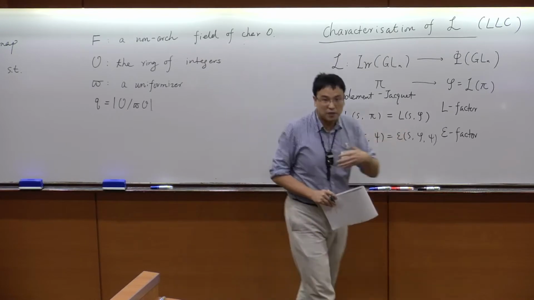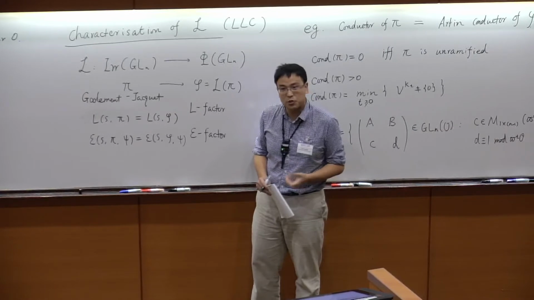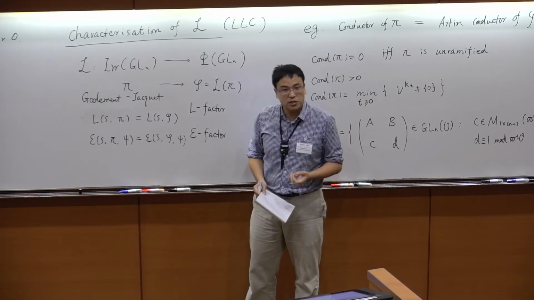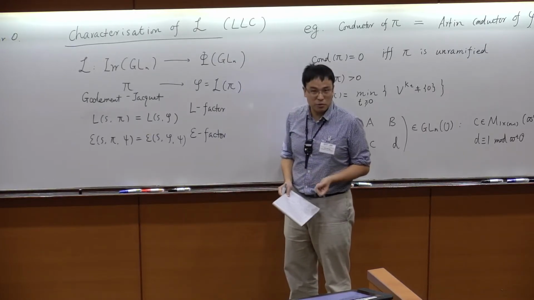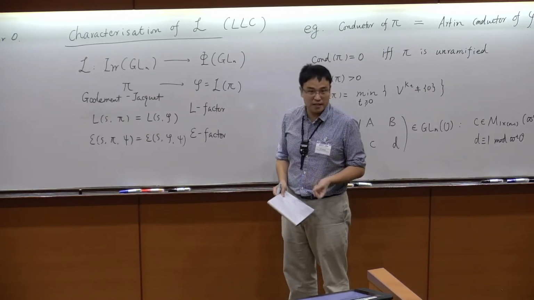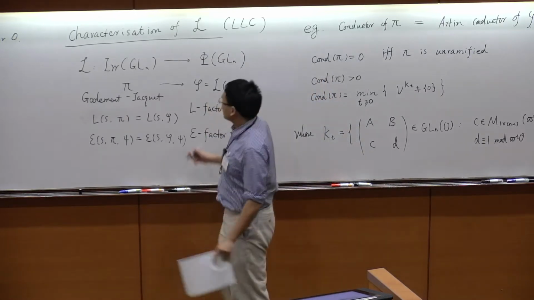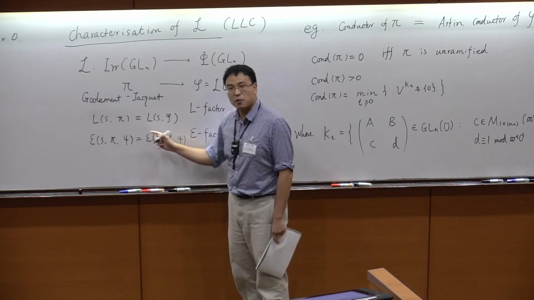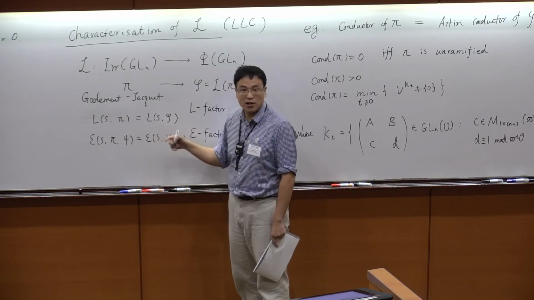You have infinitely many supercuspidals, but all of them share exactly the same L-factor, which is 1. The epsilon factor is more complicated, but still, when you have bigger n, you could have two different supercuspidal representations with exactly the same epsilon factors. So you have this map, and if you only use this, matching the local factors gives you a necessary condition, but it is not sufficient.